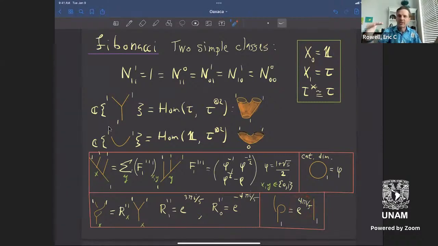Okay. So with this information, if you had, for example, a quantum computer that was based on the Fibonacci theory, this right here is all the information you would need in order to do calculations. Same thing if you wanted to compute invariants. You can just do any invariant you want using this information.